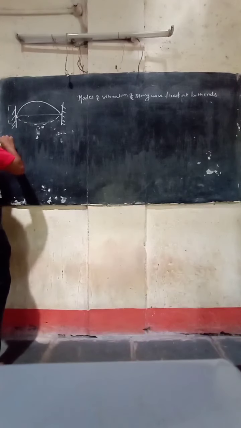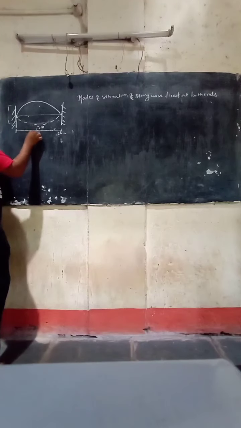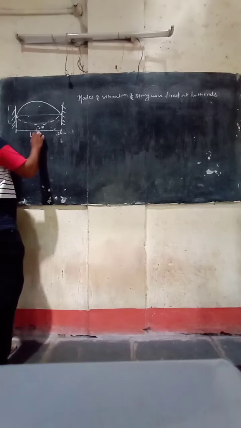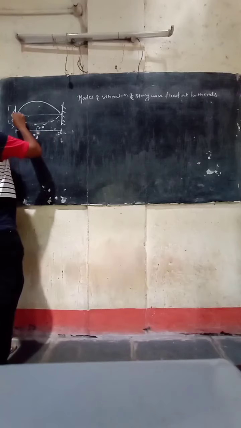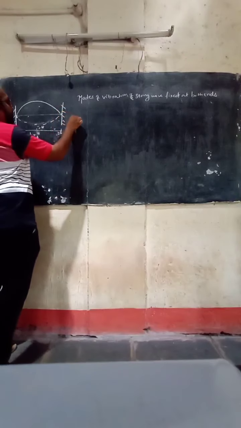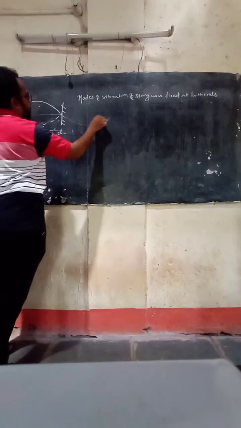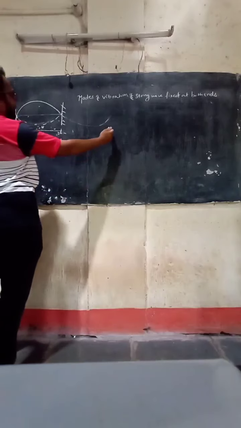So what we can say, now suppose this is the length L of the string. Now see, when I want to complete this wave, this will be the complete wave, and this distance is called lambda. This total distance is lambda.